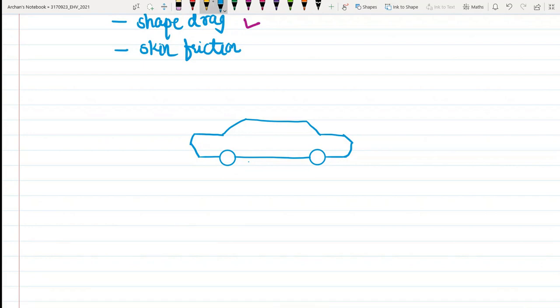Okay, so this is my car and this is the direction of movement.